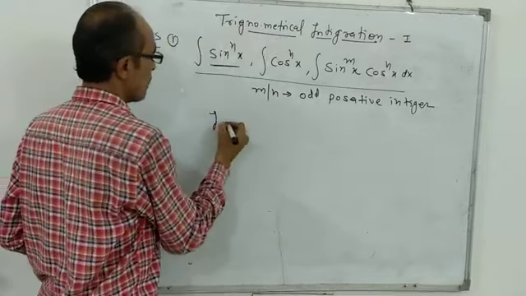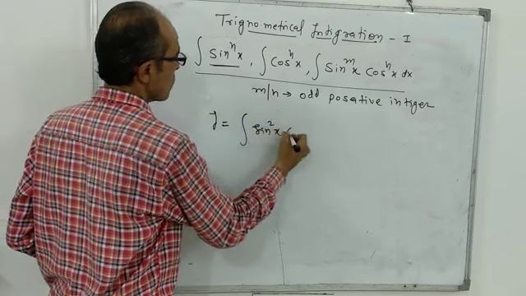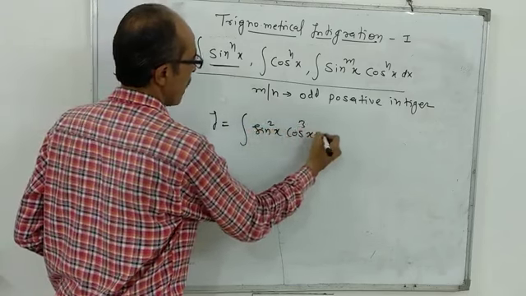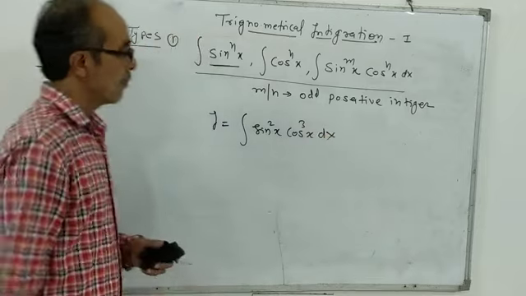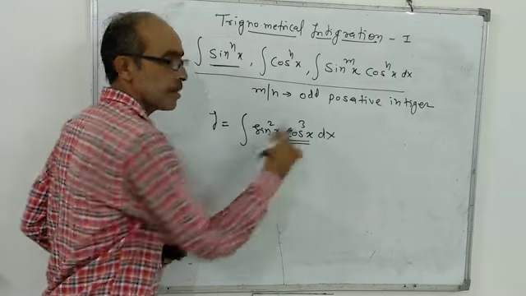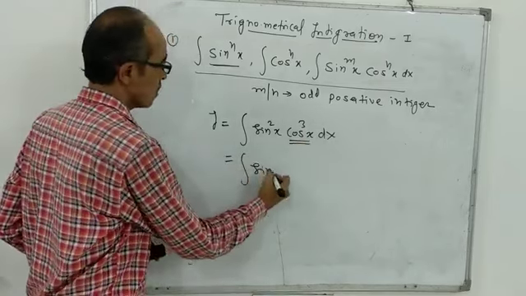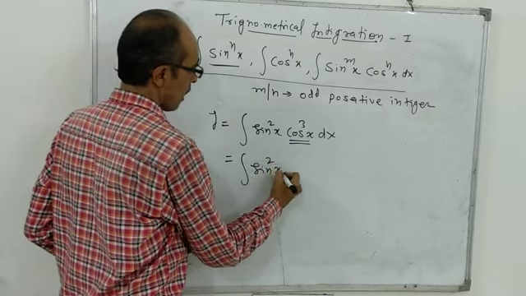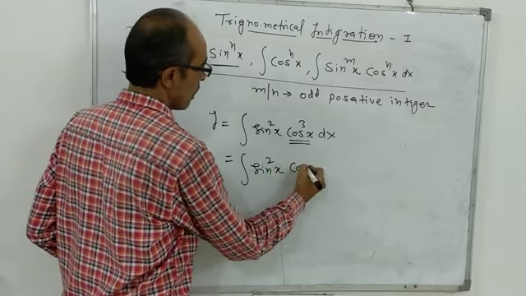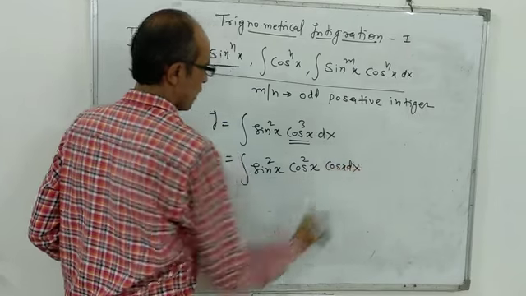Let the integral I equal sin square x cos cube x dx. Here this power is odd, so we change this function into even and odd parts and write sin square x, cos square x and cos x dx.